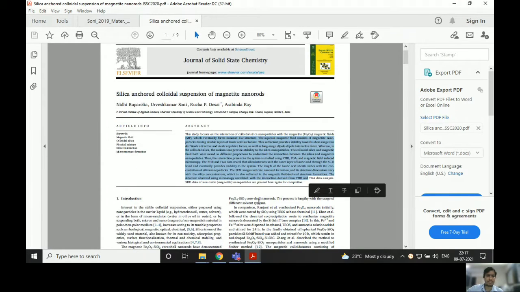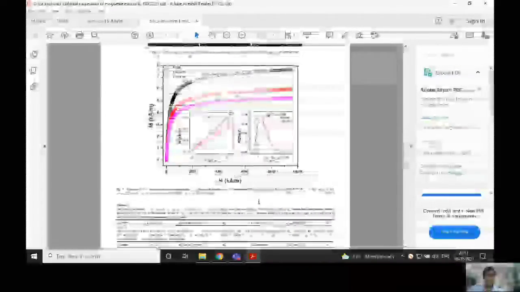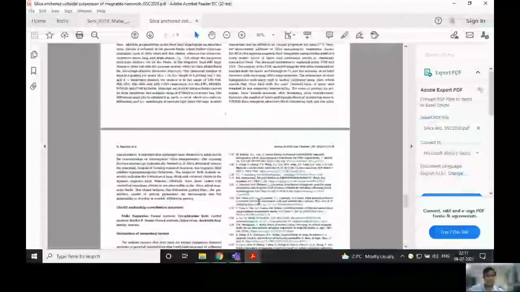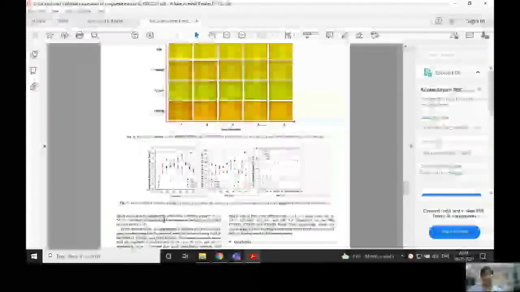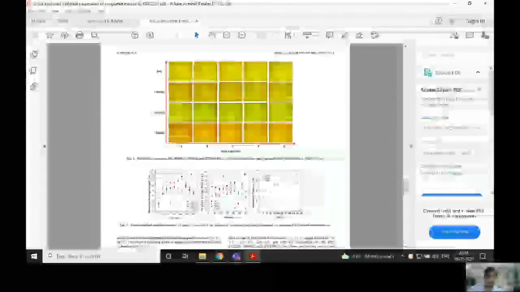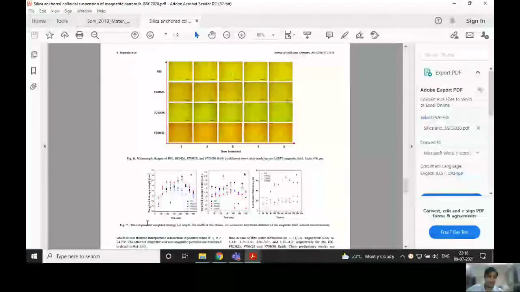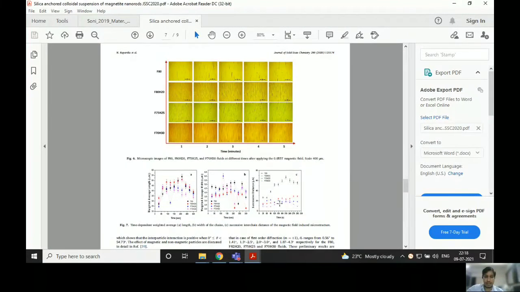After reading the abstract, go directly to the conclusion. What is there inside the conclusion? Once you read the conclusion, you will definitely be able to understand all the things, and whatever output is there, you will be able to see in the conclusion itself. After that, go with the figures. Different figures are there, some microscopic images, some time dependent data.